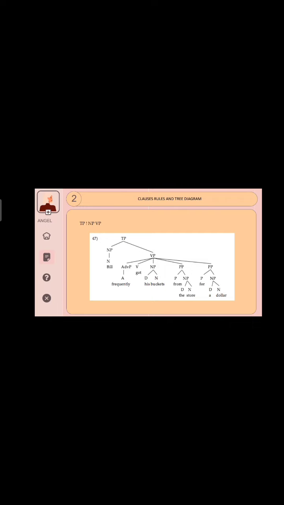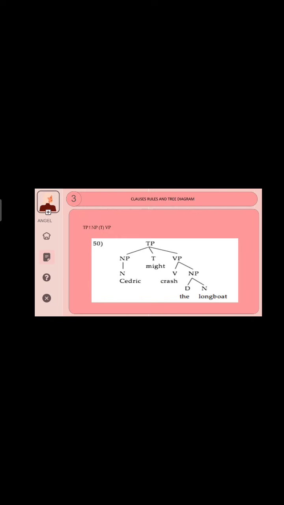Prepositional phrase has a P for, and the noun phrase is determiner and then the noun is dollar. So in a complete sentence, this is Bill frequently got his bucket from the store for $1.